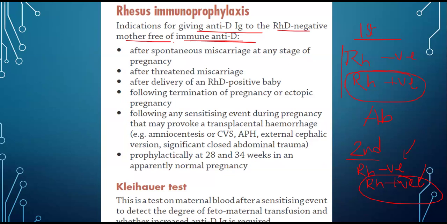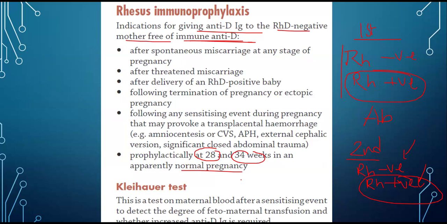So every pregnant mother will get an anti-D injection at 28 weeks and at 34 weeks. Okay, everyone. In that way, you can prevent this antibody from forming in the first place. If the antibody does not form, there will be no problem.